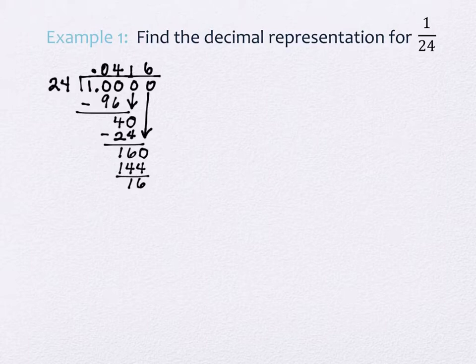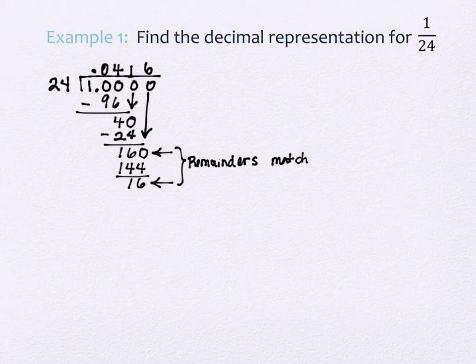In exactly the previous step. The remainder here and the remainder here matched. Once that happens, we've actually pushed ourselves into a repeating decimal position.